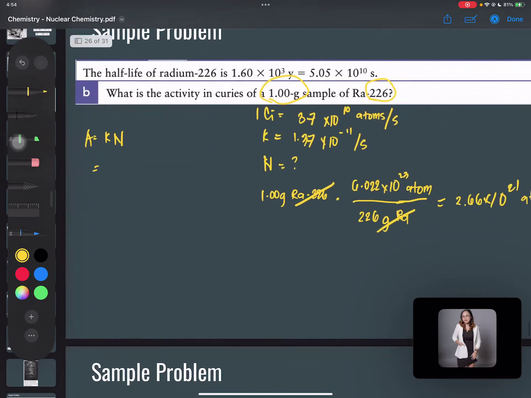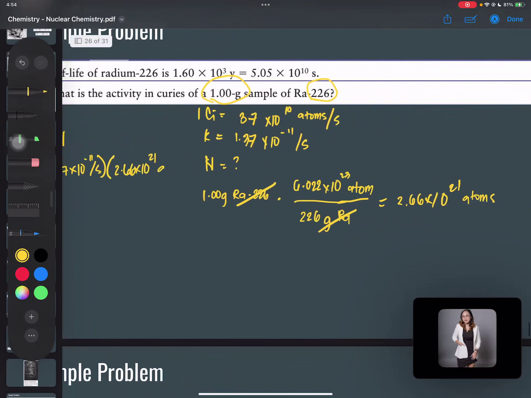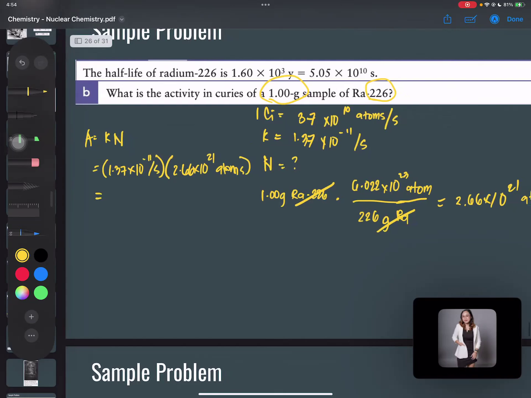Substitute everything. Just simply multiply both values and you will be able to get an activity of 3.64 times 10 to the power of 10 atoms per second. These are your units as shown.